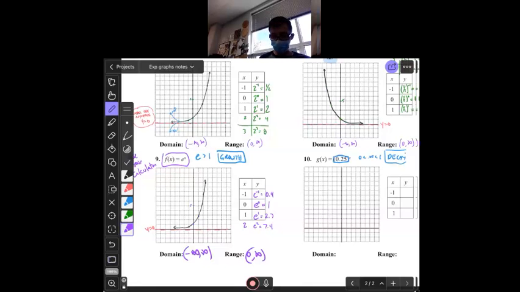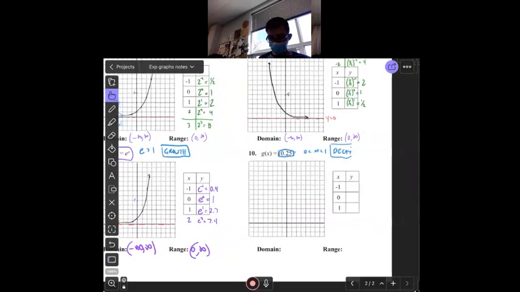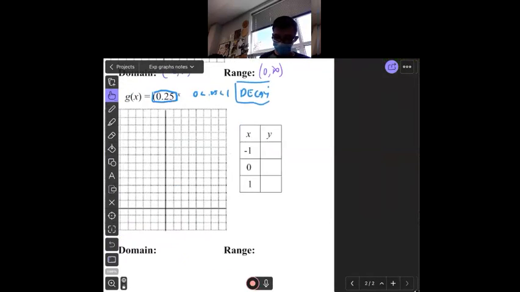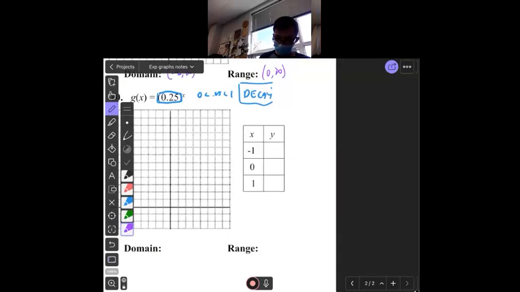Okay. And again, just use your calculator here. 0.25 to the negative 1, 0.25 to the 0, which of course is 1, 0.25 to the 1, which of course is 0.25.